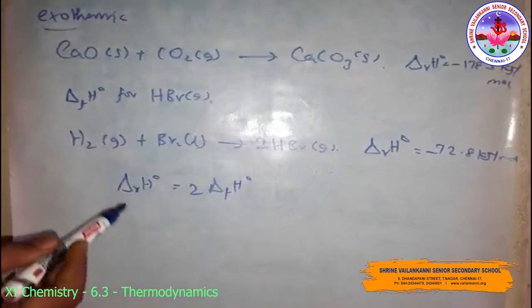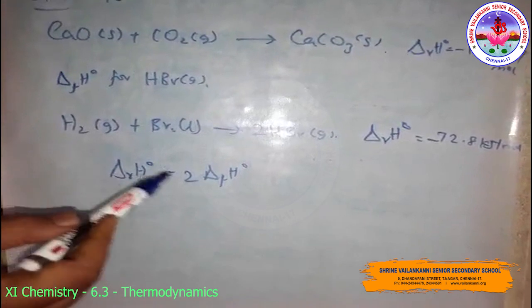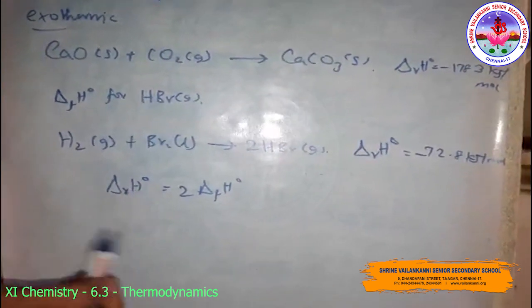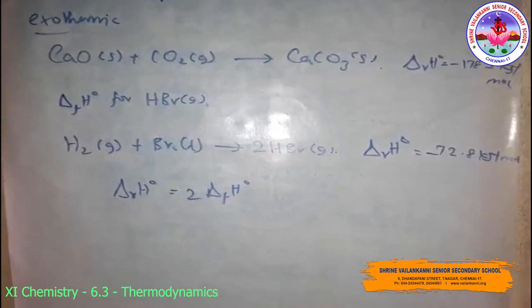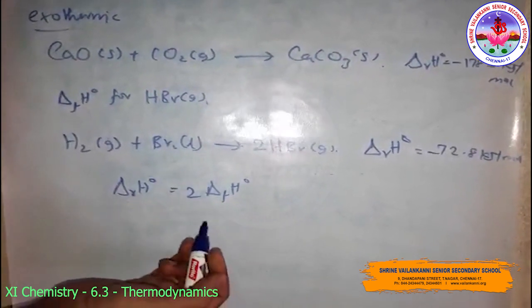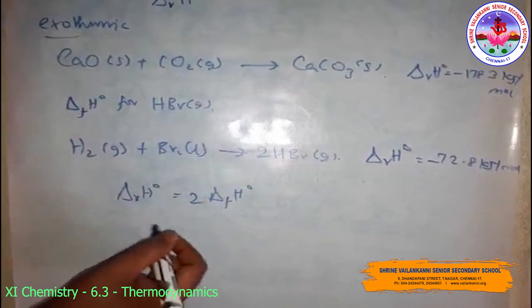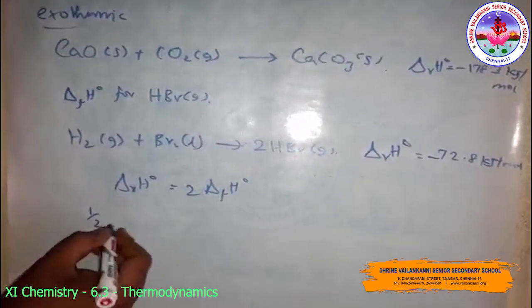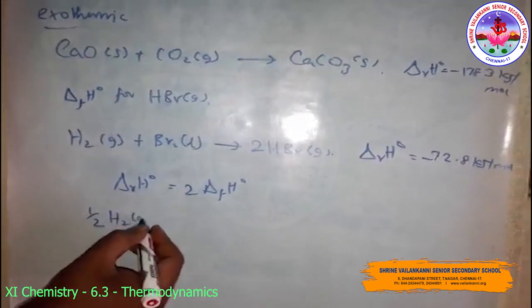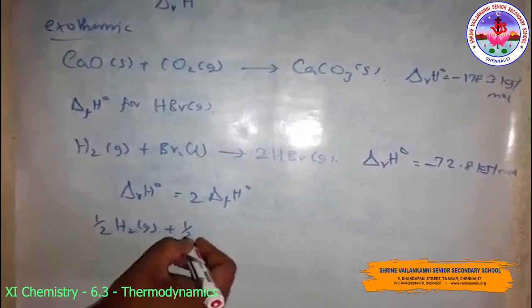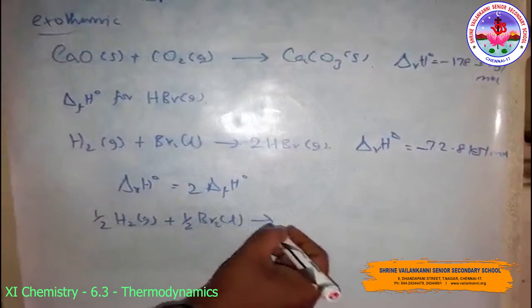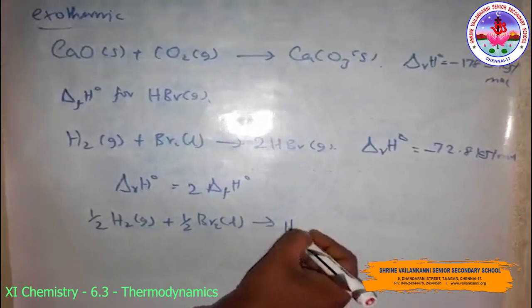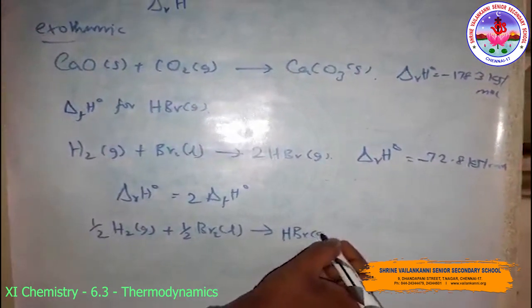Therefore, dividing all coefficients in the balanced equation by 2, the expression for the enthalpy of formation of HBr can be written like this: half mole of H2 gas plus half mole of Br2 liquid gives 1 mole of HBr gas.